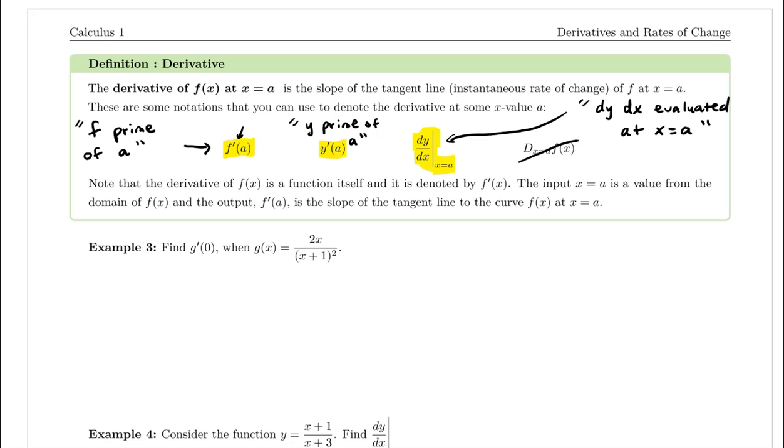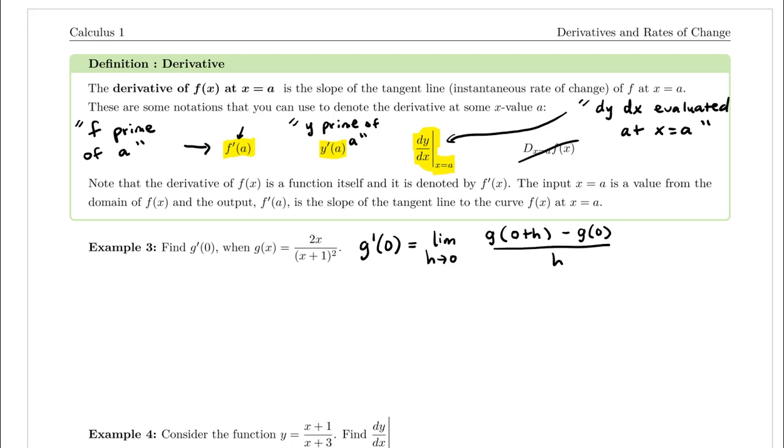All right, so I'm going to use the definition that we had earlier. So g prime of 0 is equal to the limit as h approaches 0 of g of 0 plus h minus g of 0 all over h.